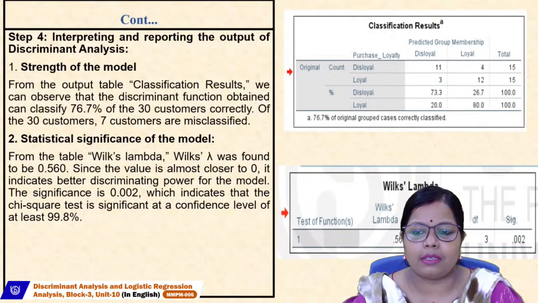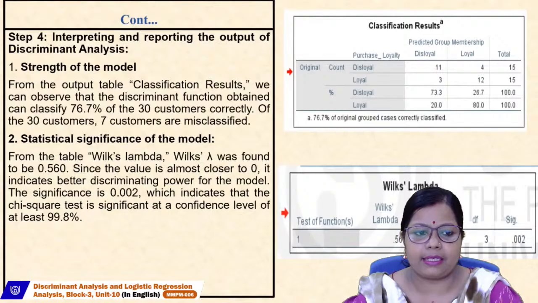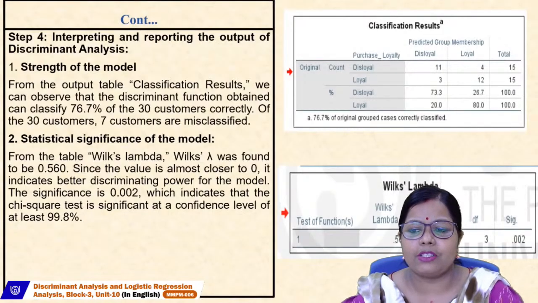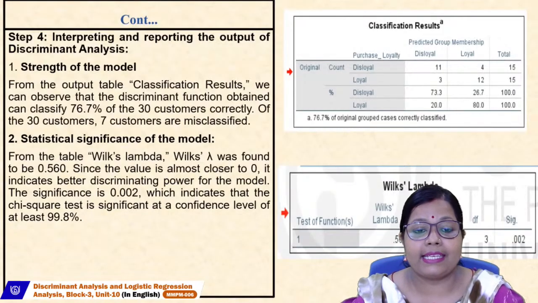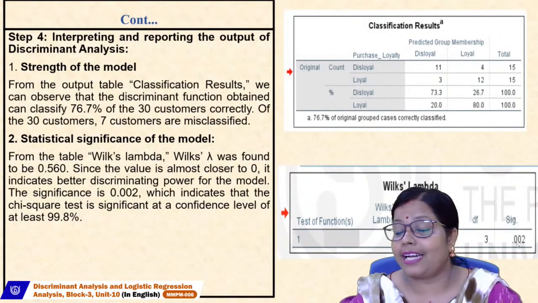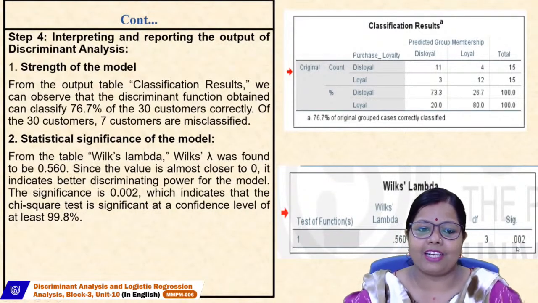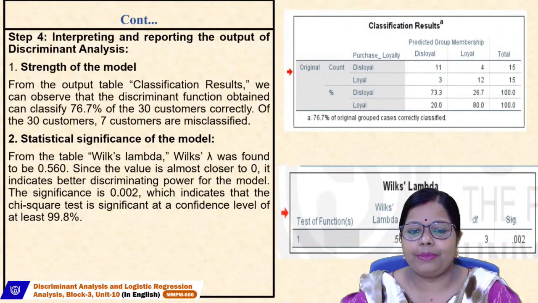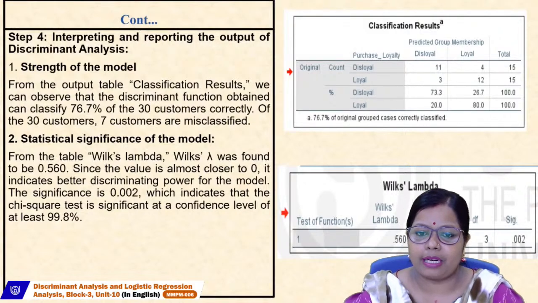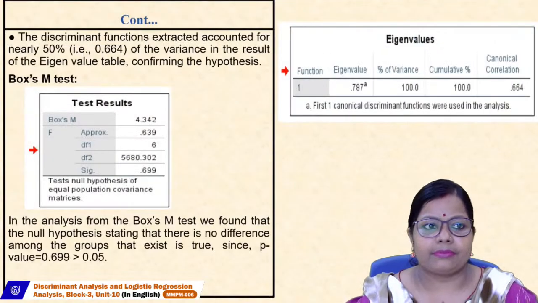It is a powerful model for discriminant analysis, and the significance is 0.002. It says a confidence level of at least 99.8%. As we have already discussed, the significance value is subtracted from 100, and that is known as our confidence level.